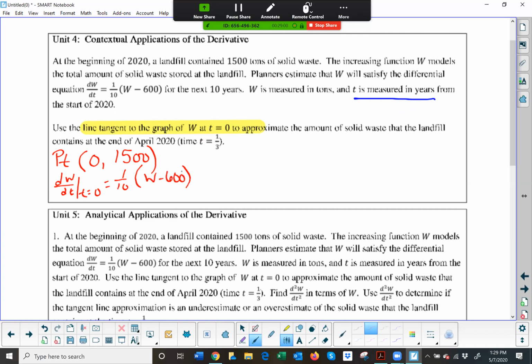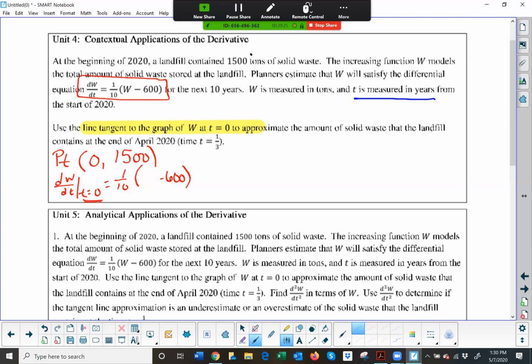As you're calculating out your slope, we know we reference the derivative equation, correct? I'm evaluating this at t equals 0. So does t go in for W? No. W is the output when t equals 0.